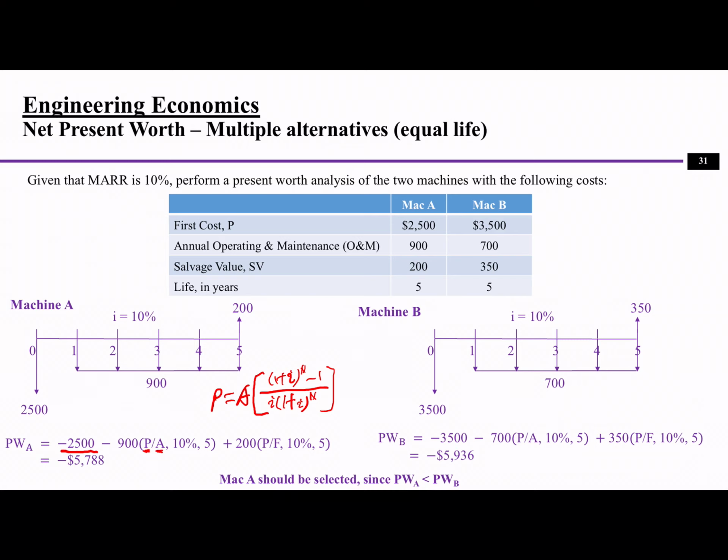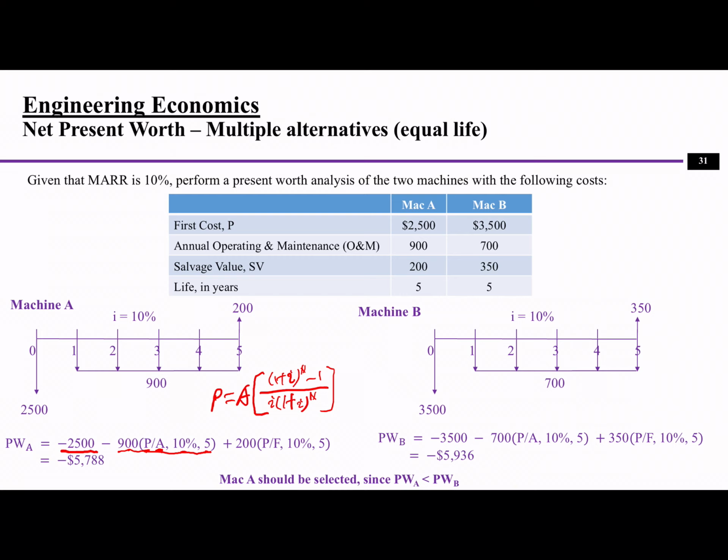Or in other words, in engineering economics notation, you find P given A, the equal payment amount, at the interest rate of 10%, or the MARR of 10%, and 5 periods of equal payments.